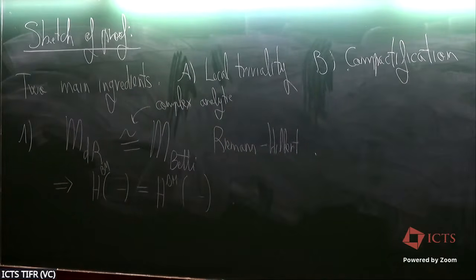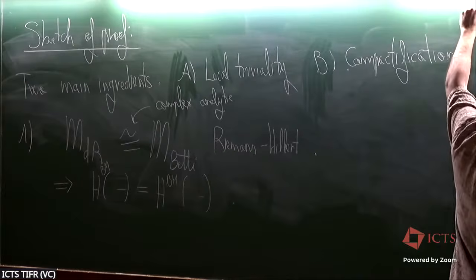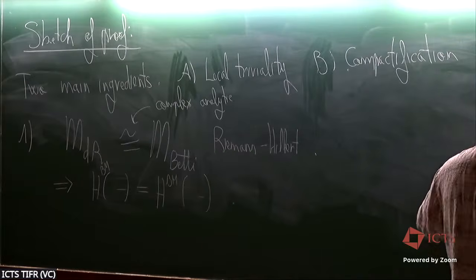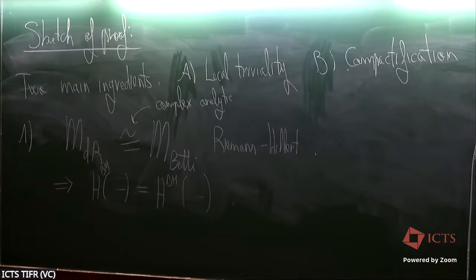And now what happens with the Dolbeault stack and the de Rham stack? Well, these two stacks can be compared using moduli of lambda connections. So this is another moduli problem that interpolates between these two stacks.